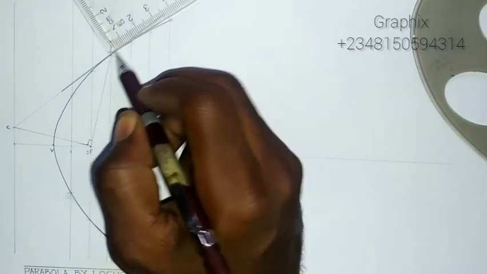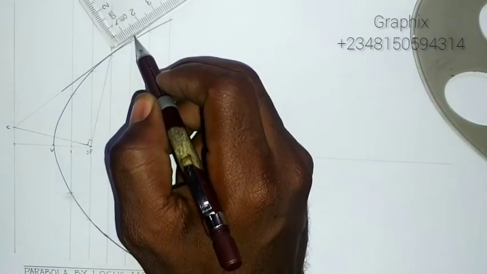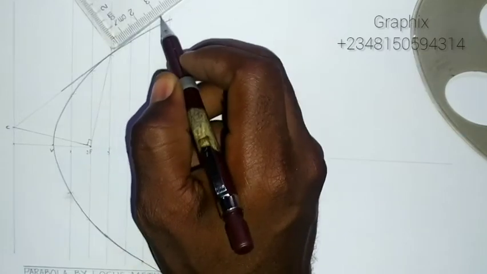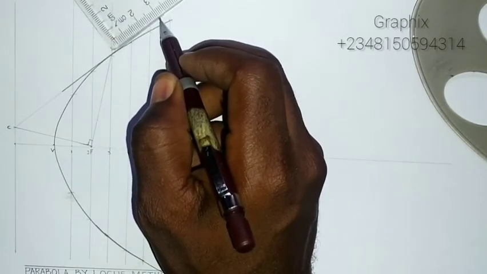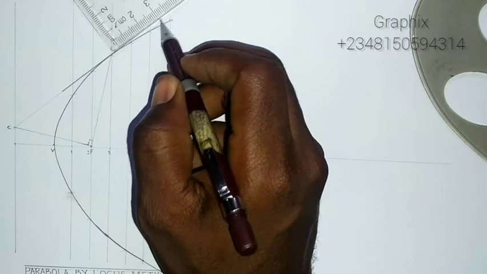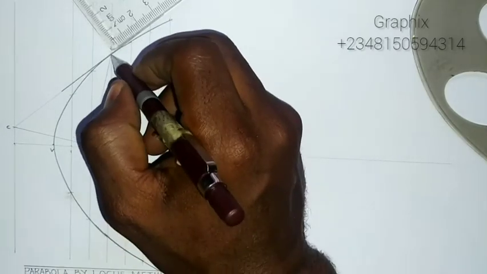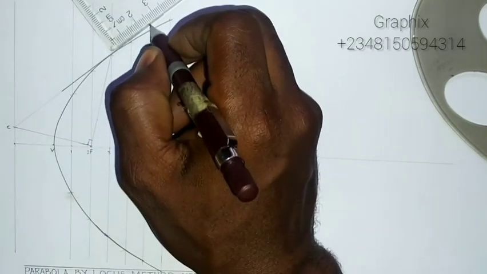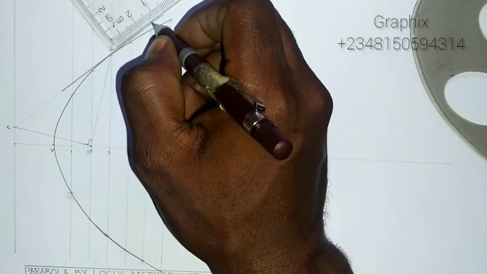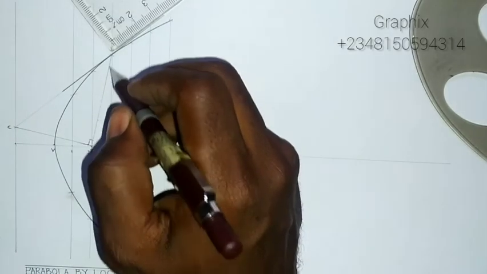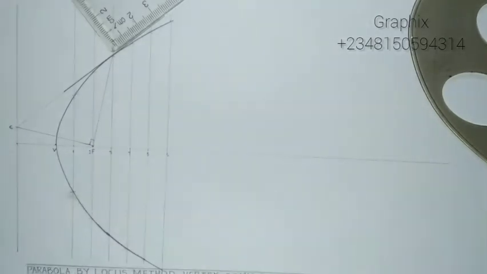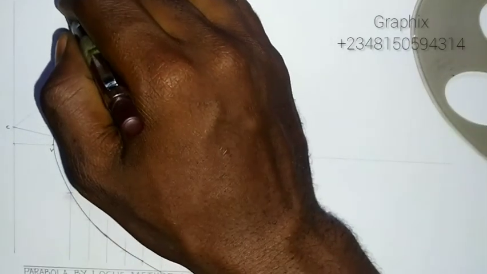So I will ensure that the base of my set square is aligning to the tangent, right? So I'm going to be having this. Or better still, if you can't do that, just draw your line this way.